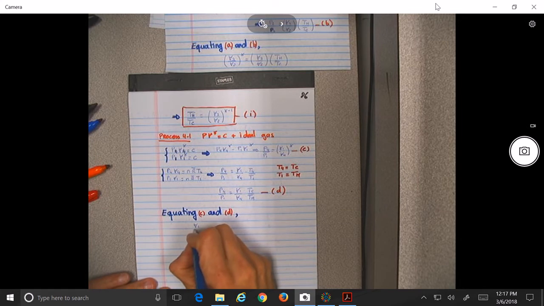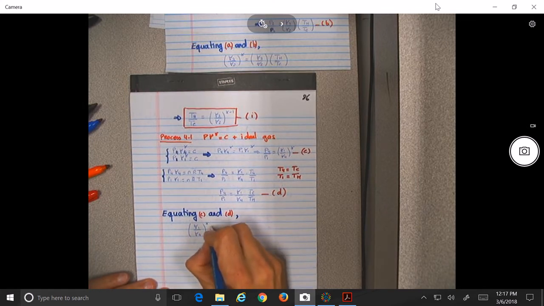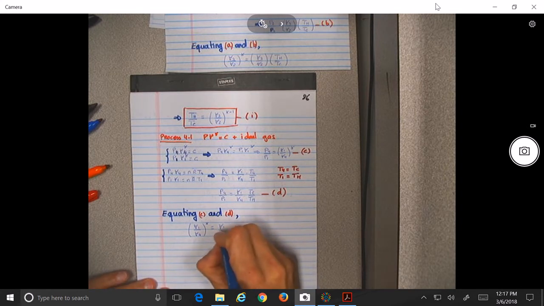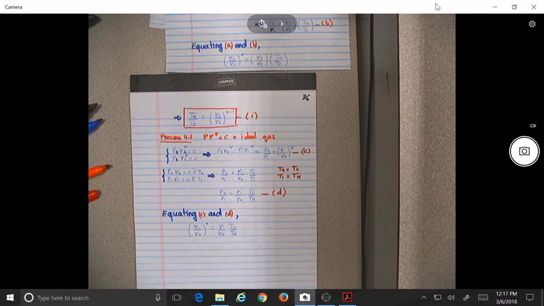V1 over V4 to the gamma is equal to V1 over V4 times T cold over T hot.